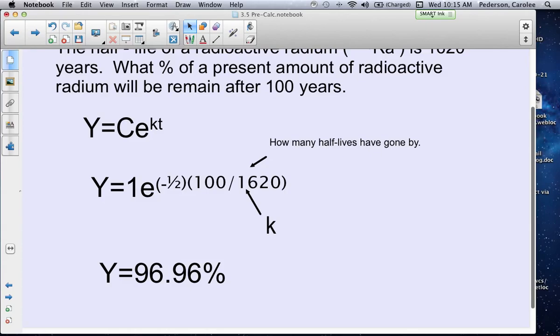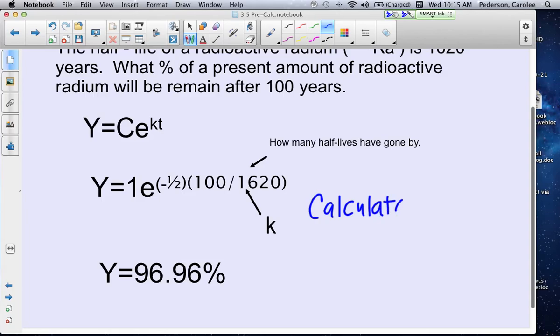And when you enter that into your calculator, it's going to look like this. Just, the initial amount can be any value. Yep. So you don't really need it. The calculator is going to look like this. 0.9696. That's in decimal form.